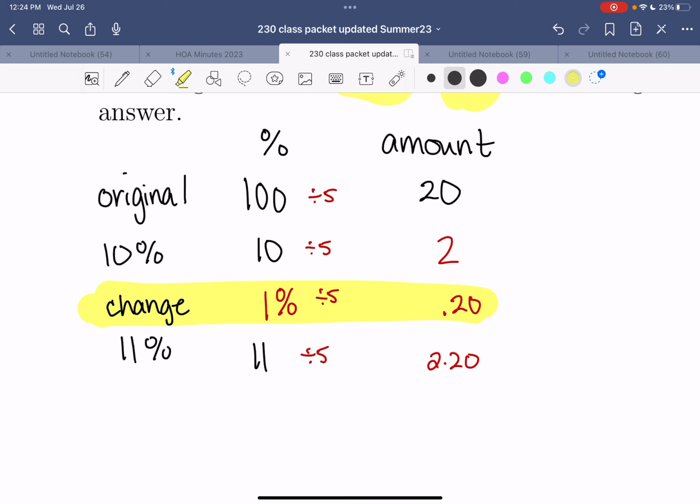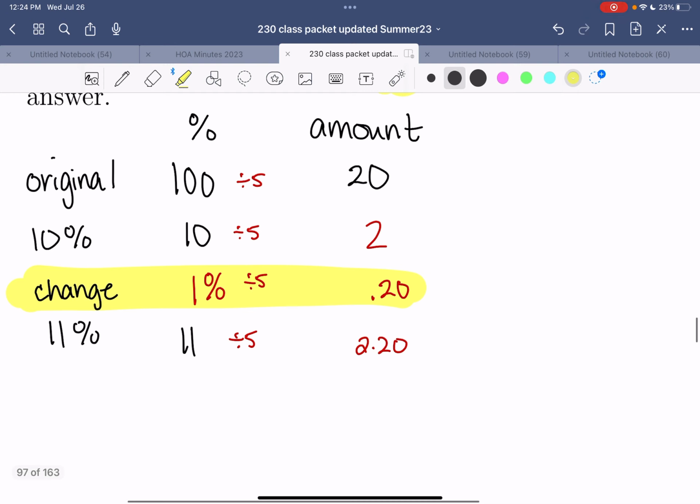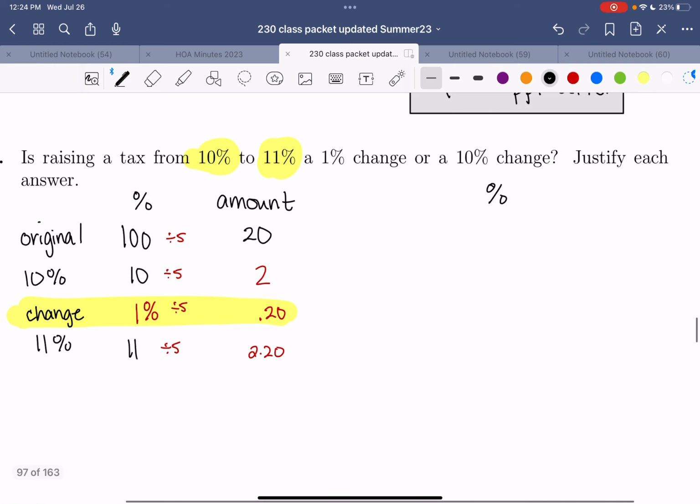Okay. Now, instead, let's think about looking at it in a different way. Let's think about looking at it as percent, right?